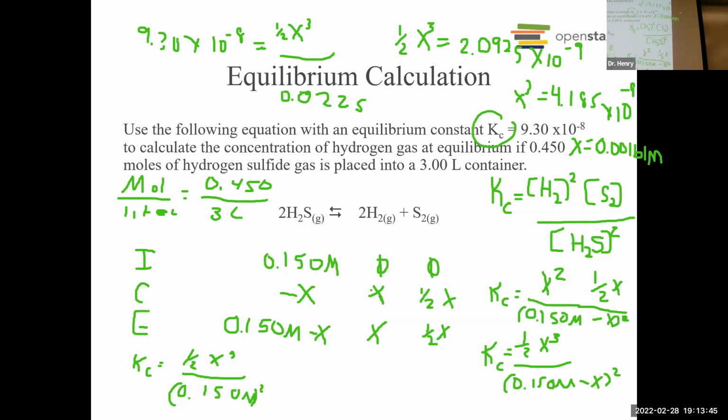I take this value here for x, and then I just divide it by my initial concentration. So it's actually 1%. Are you with me?